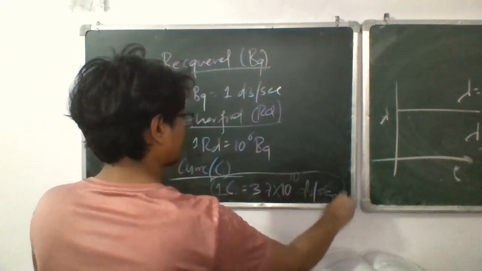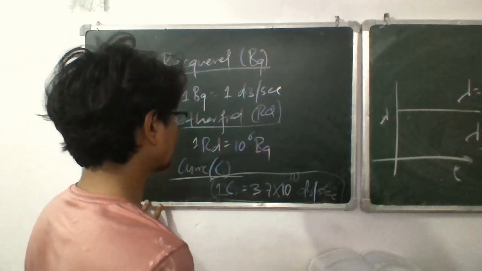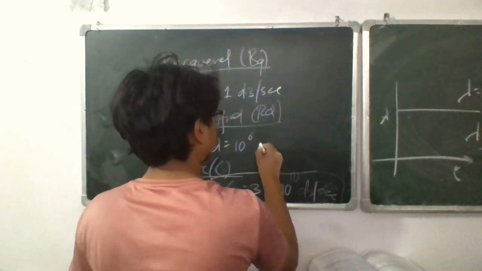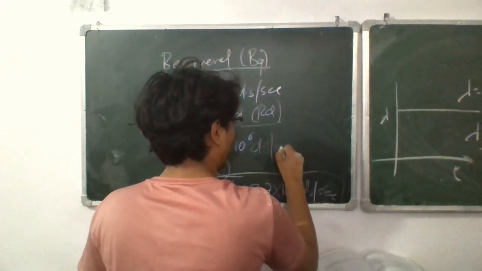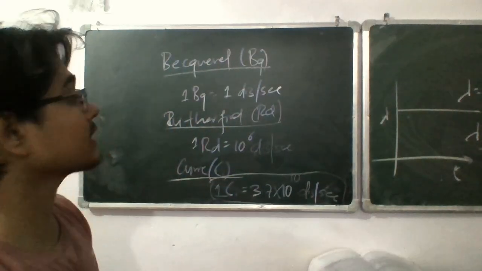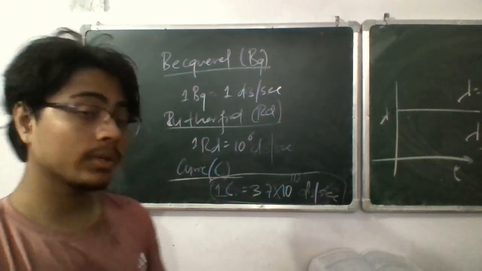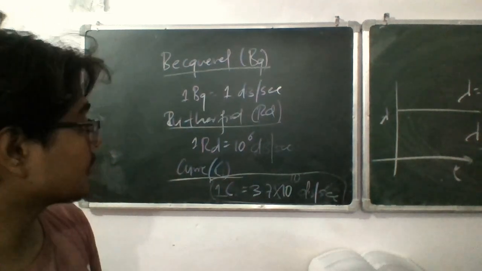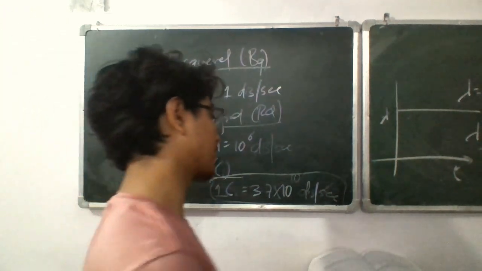So 1 Rd is 10 to the power 6 disintegration per second, and 1 Ci is 3.7 into 10 to the power 10 disintegration per second. So these are some of the units of radioactivity.